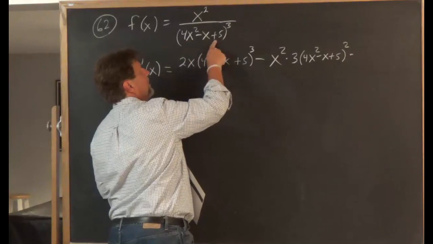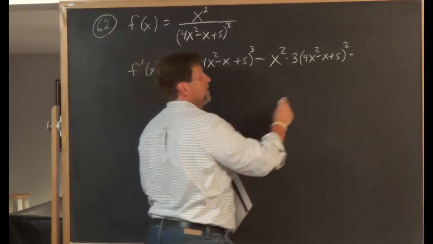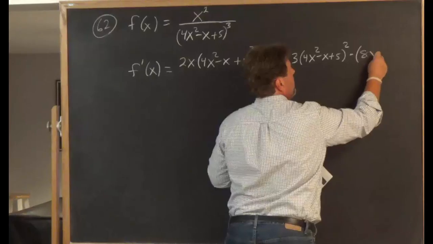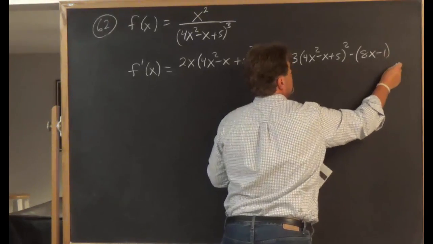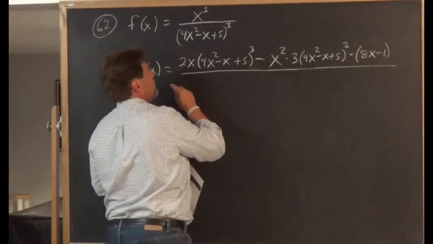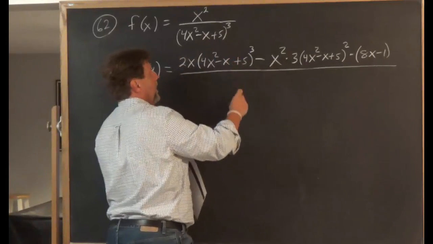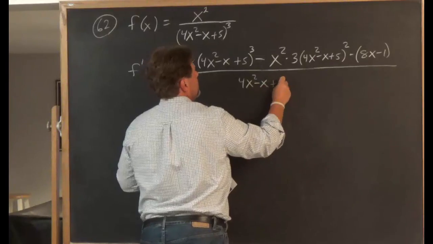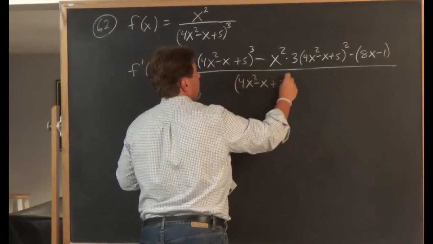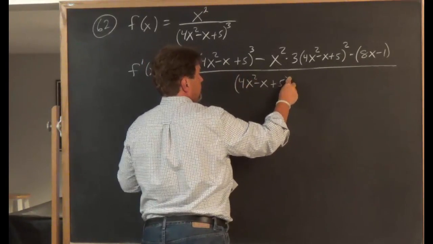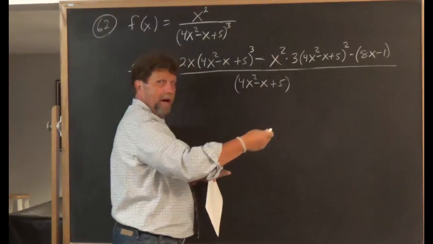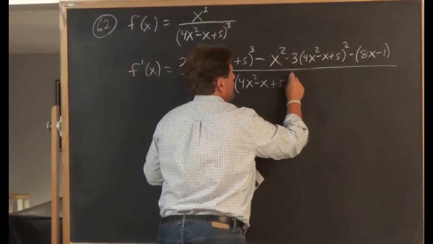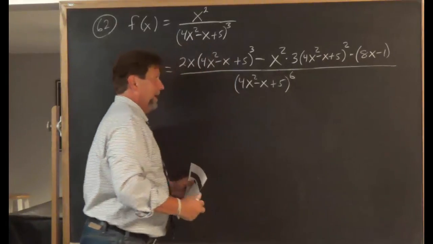And the derivative of the inside function is 8x minus 1. Again, make sure you put that inside parentheses. And then all of that junk's over the denominator squared. So if I take a 4x squared minus x plus 5 to the third power, and then I square it, that'll make it the sixth power.